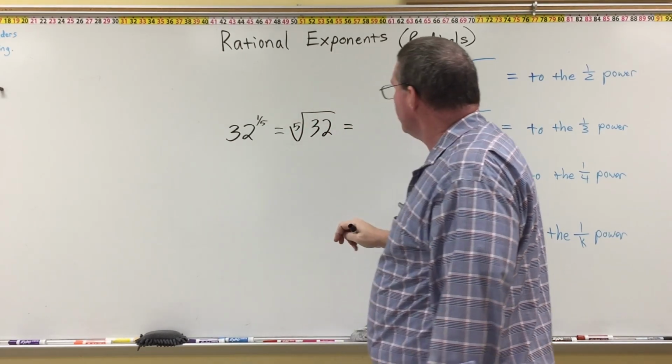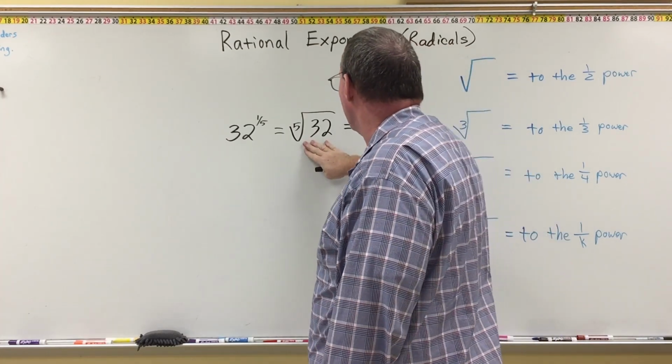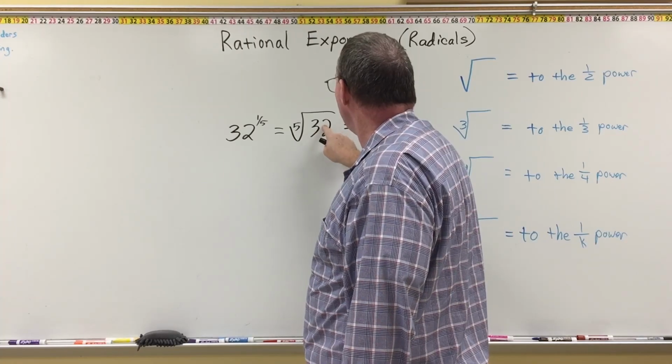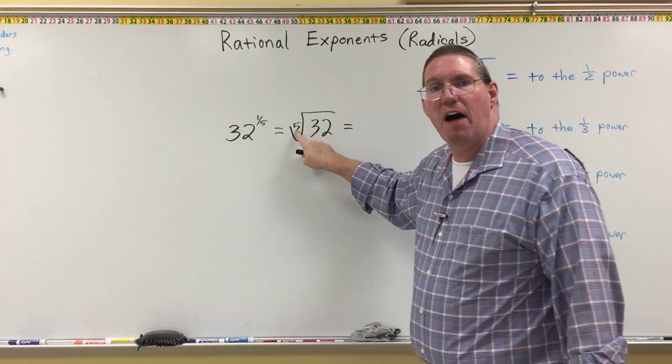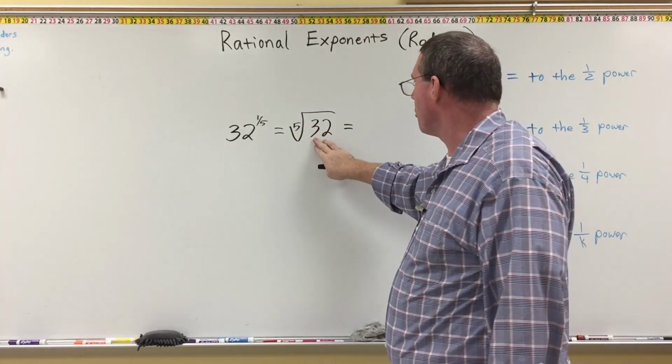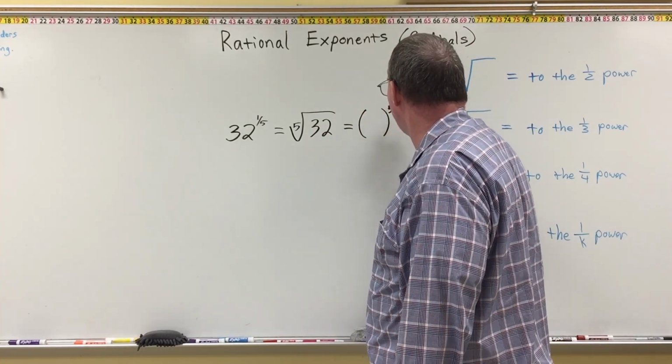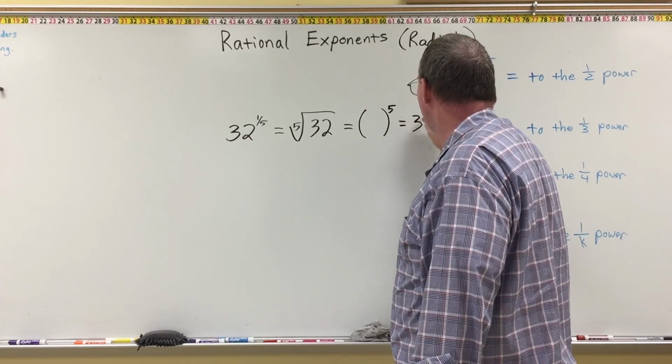And then the question is, what is this asking? This is asking what number times itself 5 times equals 32. Some number to the 5th power equals 32.